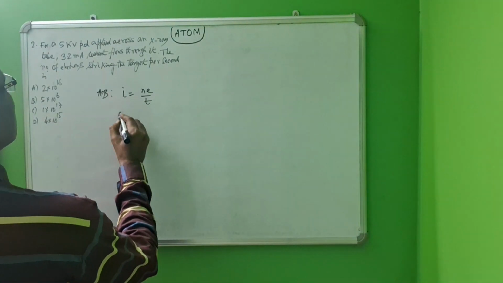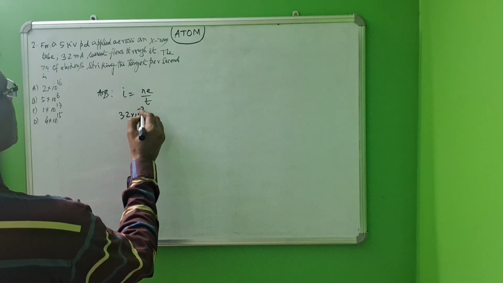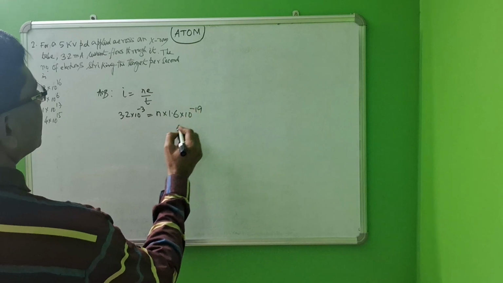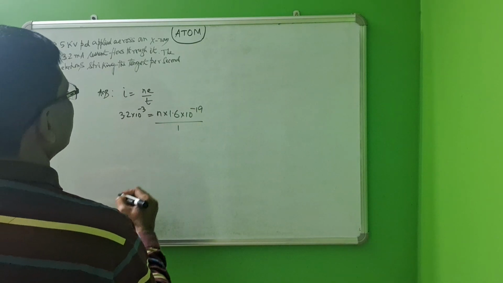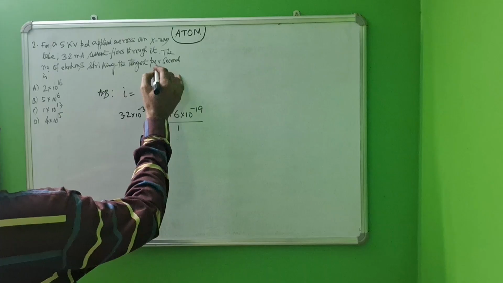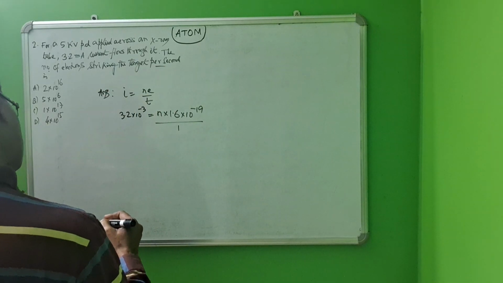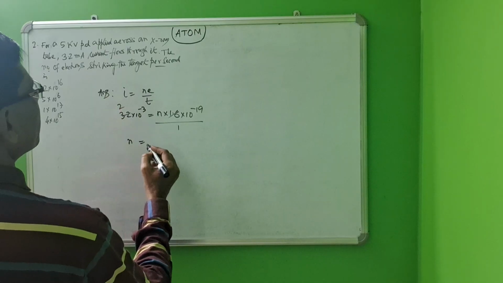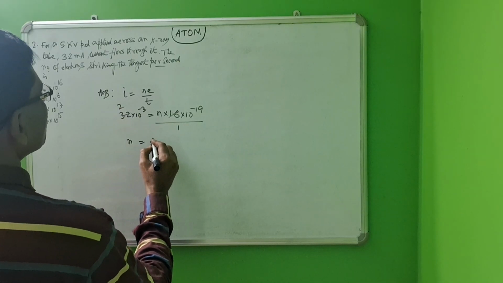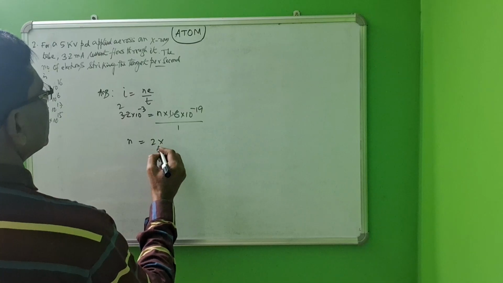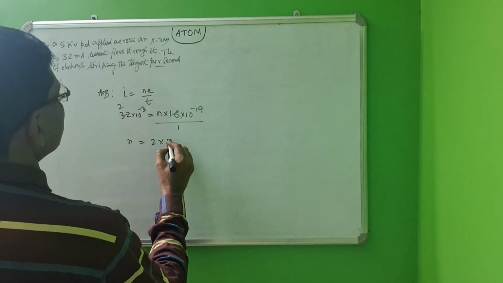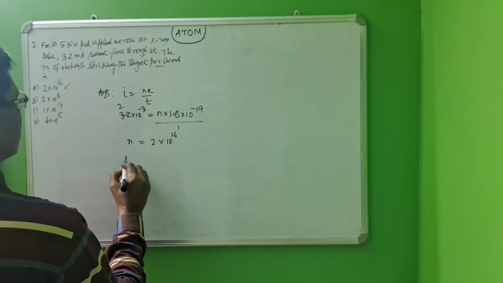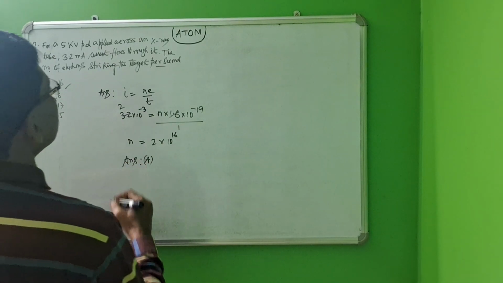So 3.2 into 10 to the power minus 3 equals n into 1.6 into 10 to the power minus 19, divided by 1 second, t equals 1 second given here. So we can get n equals 2 into 10 to the power 16. So answer A.